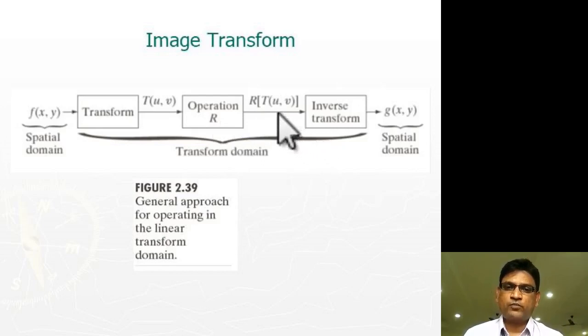Since we have applied some modification, and that modification is to be visualized, we have to apply an inverse transformation, again back to the spatial domain. So the modification or change is indirect, that is in the frequency domain.